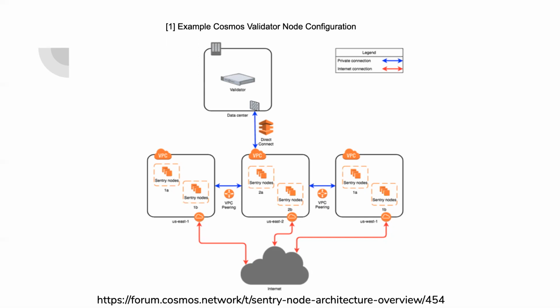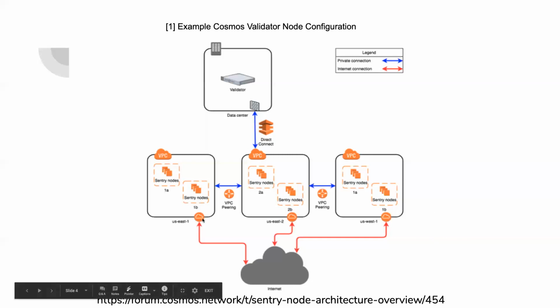So a typical validator node setup would consist of a physical server or even a cloud server, but essentially isolated away. And the best example here to use is a medieval castle, where there are multiple layers. You've got your moat and your outer walls, and these are your first line of defense. In this scenario, we've got the marauding Wild West people out on the internet trying to attack your validator.